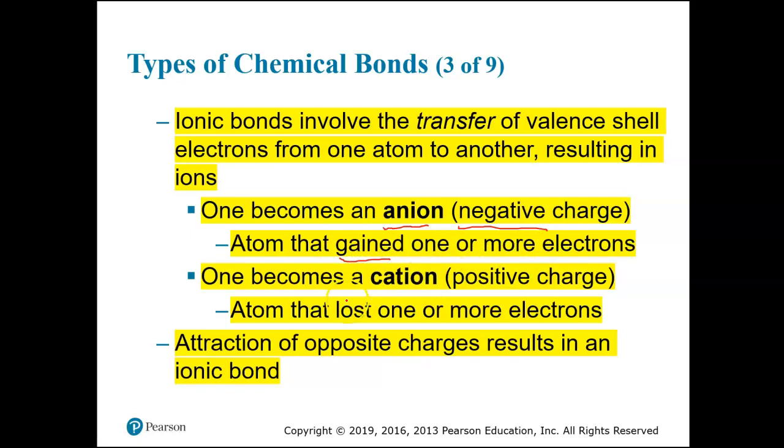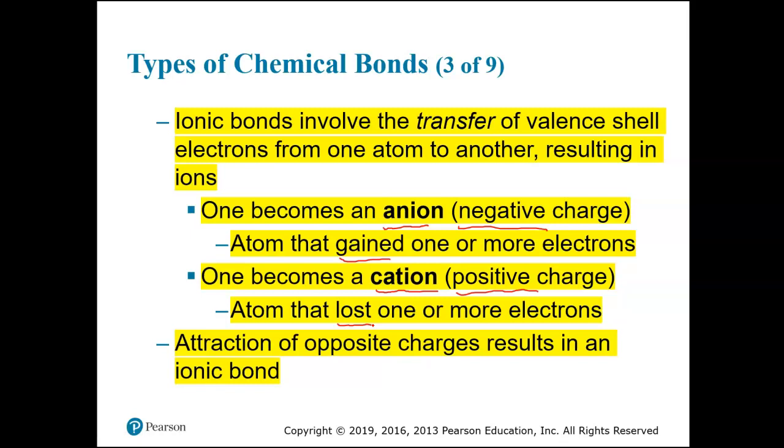Another atom in the bond becomes a cation, which is an ion with a positive charge, and it's going to take on a positive charge because it loses 1 or more electrons. If it loses a negative charge, it's going to have one or more protons than it does electrons. So it's going to have an overall positive charge.